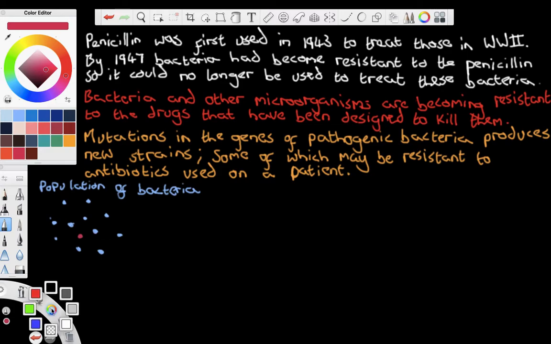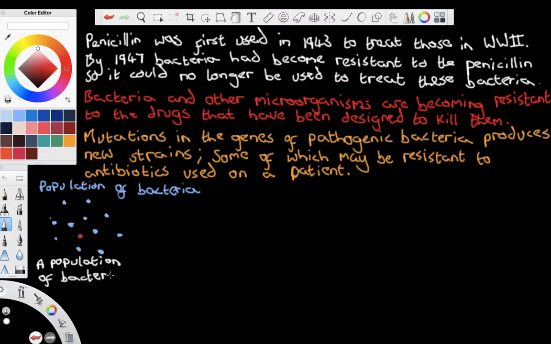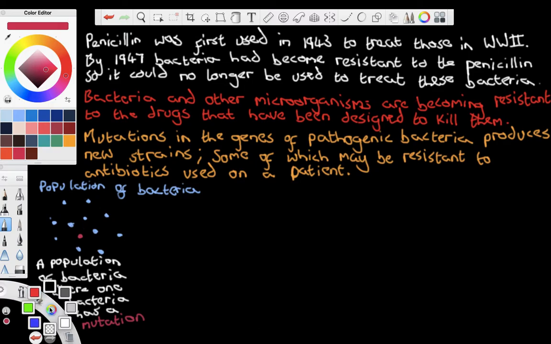So we can say underneath these that it is a population of bacteria where one bacteria has a mutation making it antibiotic resistant.